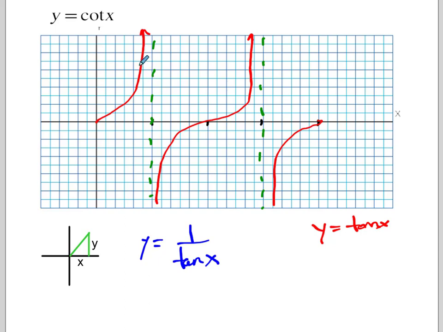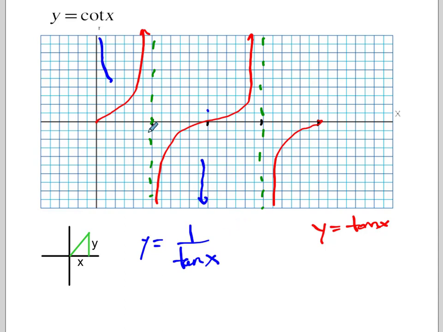So what we find is as the red graph gets closer to 0, 1 divided by smaller numbers makes larger numbers. And they're all positive. So this guy is going to go up right here. Over here on this value, we're going to see as the red graph approaches 0 from the negative side, this graph is going to go down.